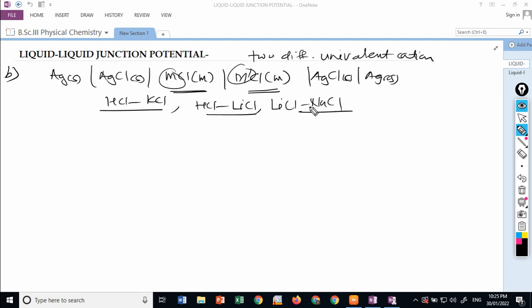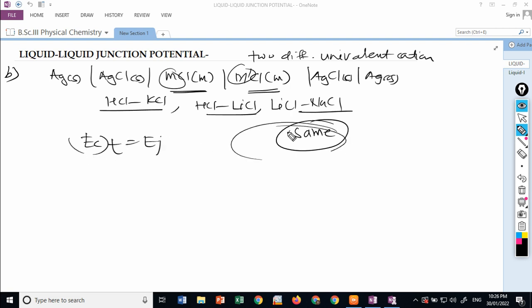Now when these electrolytes are at the same concentration, then the EMF of the cell is equal to the junction potential. That is, the EMF of the cell with transference is equal to, since the electrolytes are at the same concentration, directly the liquid junction potential.